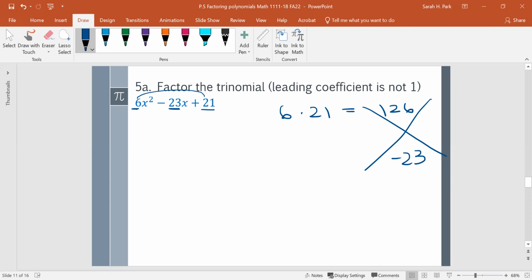And then what we need to do is think about what multiplies to 126 and then adds to negative 23. So it's not very easy to do when it's big numbers like this, because I don't know what multiplies to 126 and adds to negative 23.